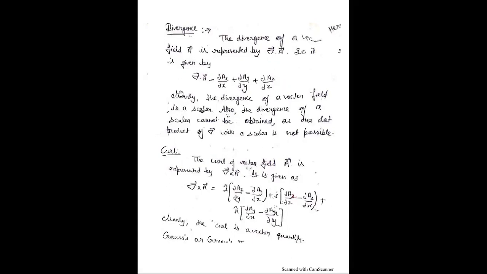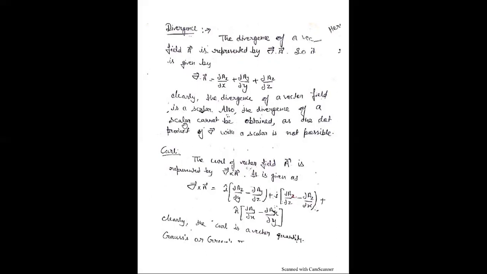Therefore, the divergence of any vector A is equal to ∂Ax/∂x plus ∂Ay/∂y plus ∂Az/∂z. The divergence of a vector field is a scalar because there is no unit vector in the result.